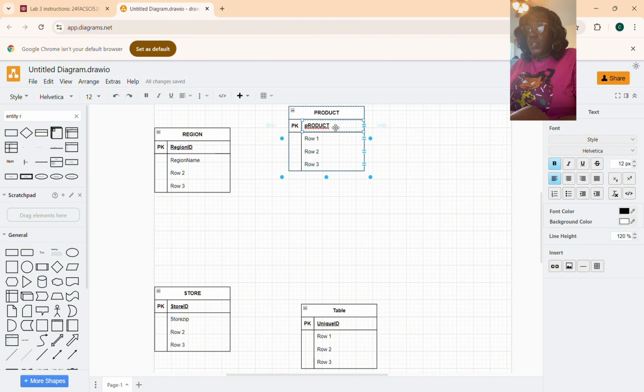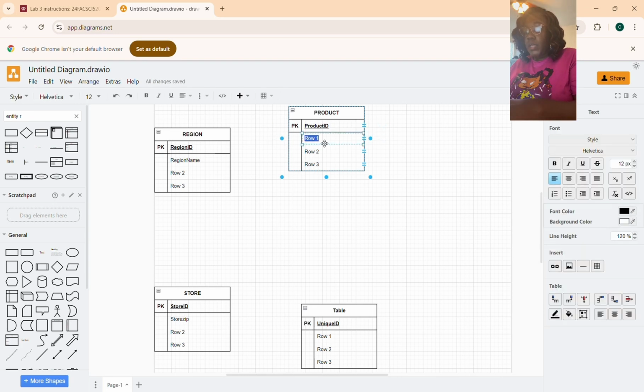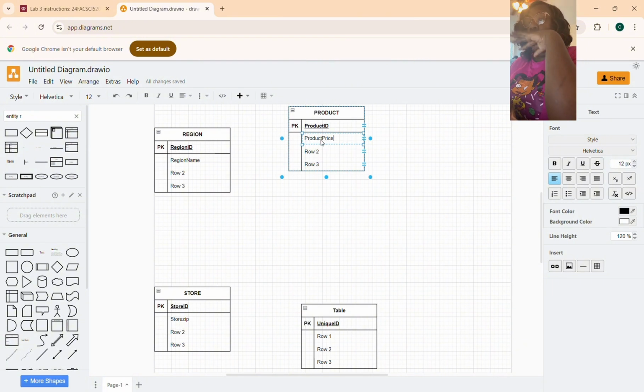And then moving down, we have product price, and we have product name. So that's going to be it for that table for right now. We got all 3 of them.